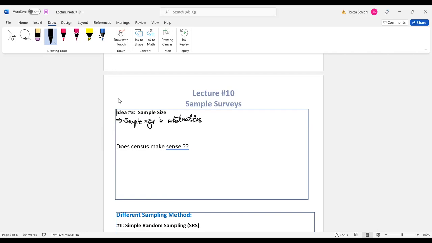Be very careful when you talk about the sample size. It is the size of the sample, and not its fraction of the large population.